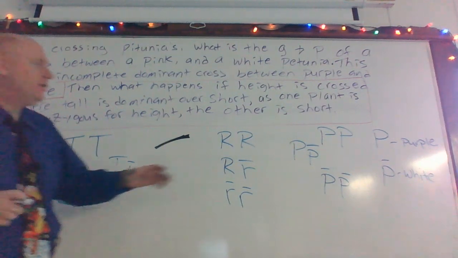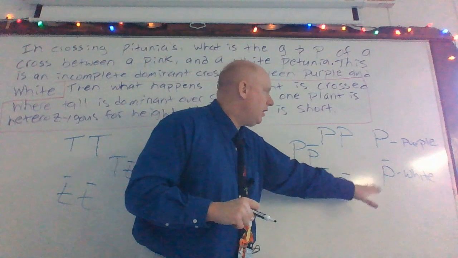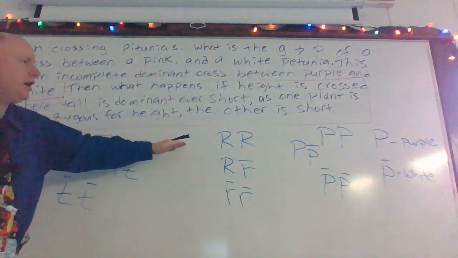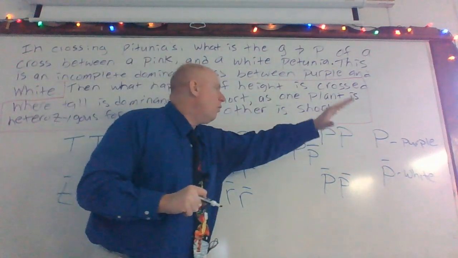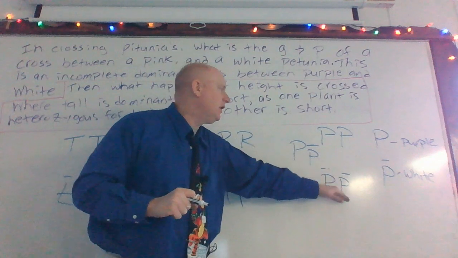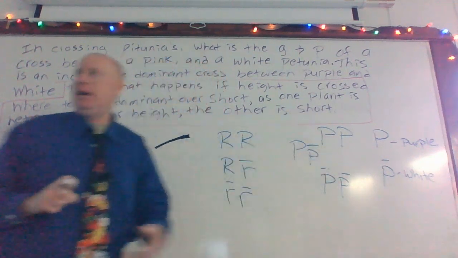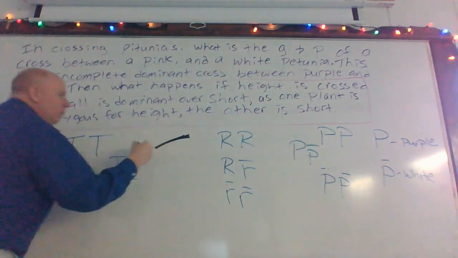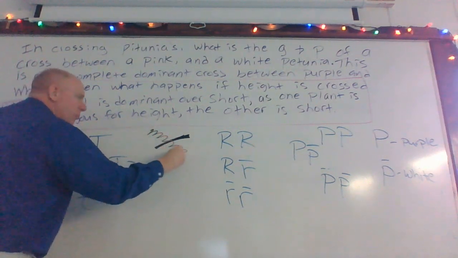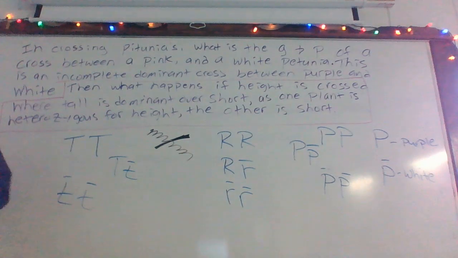So when we see a cross like this that's incomplete dominance, just like this color here, we see one that's completely purple, one that's completely white, but when you mix the two, you get a pink outcome. If you mix black paint with, use your imagination, white paint, you get a third outcome.